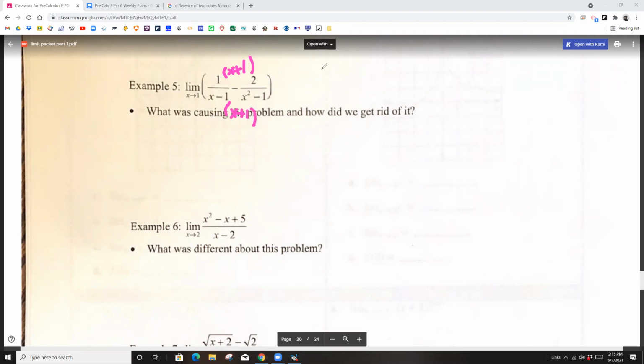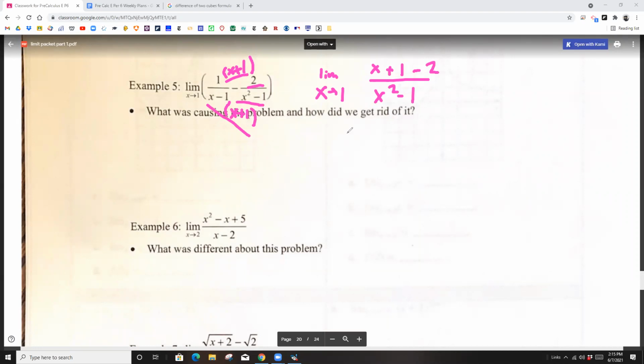All right, so we get the limit as x approaches 1 of x plus 1 minus 2 over x squared minus 1, because now I'm just adding the numerators together because the denominators are the same. x minus 1 times x plus 1 is the same thing as x squared minus 1.